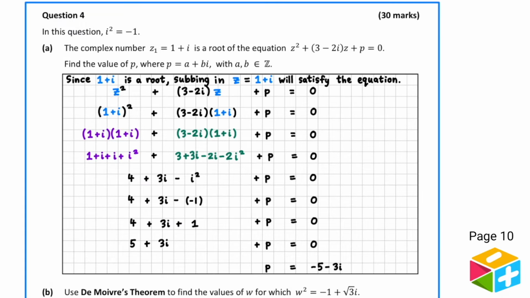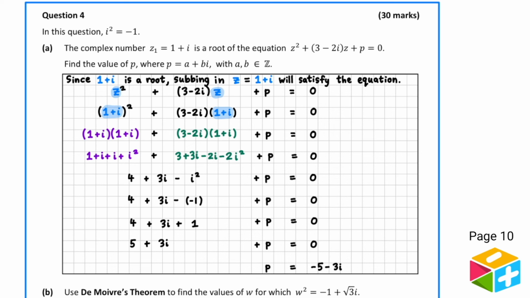In part A, we must show that the complex number z1 is equal to 1 plus i is the root of a given equation. Here, 1 plus i being a root means that if we sub in z equals 1 plus i, then it will satisfy the equation.